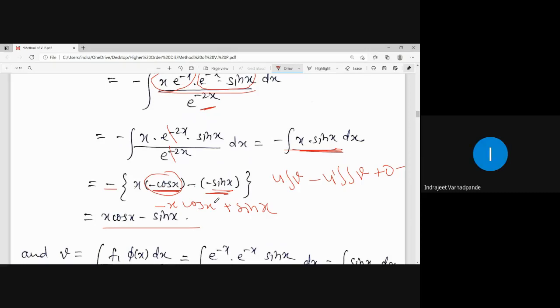Next, what will we be calculating? V. What is the formula for V? Positive times f1 phi of x upon the denominator.